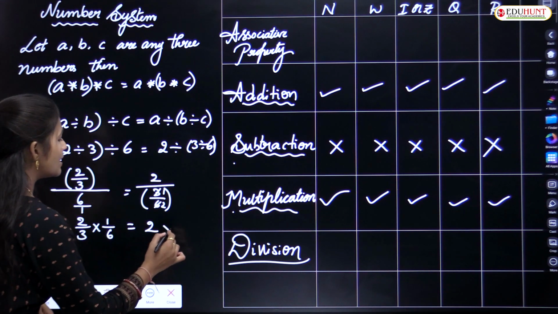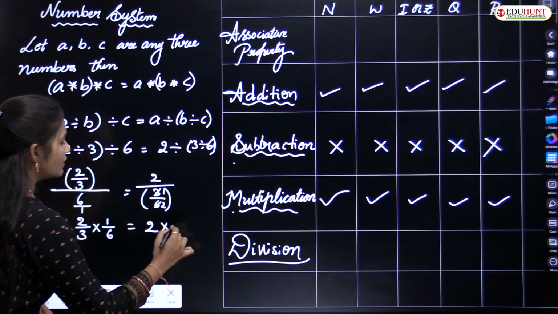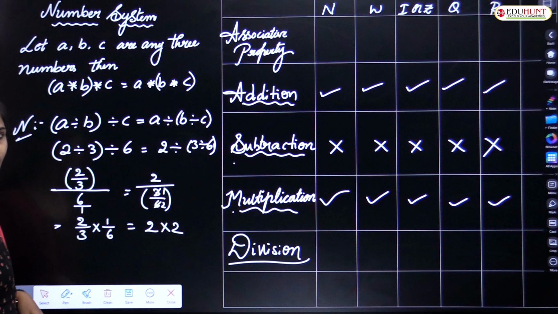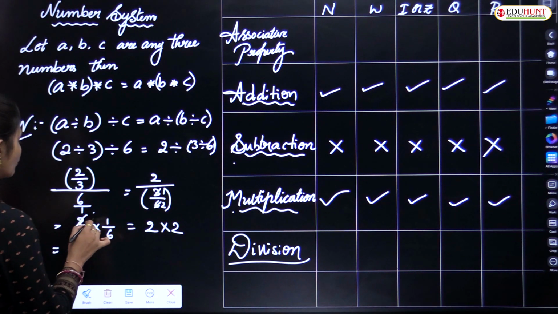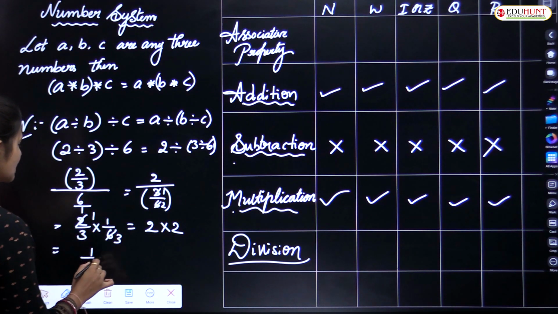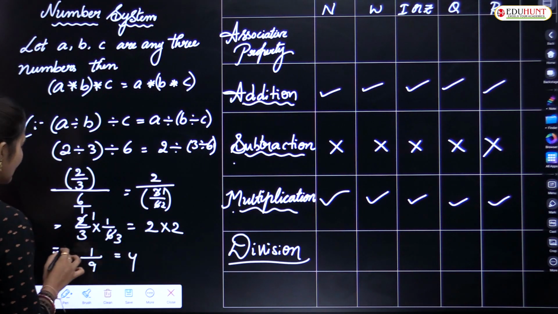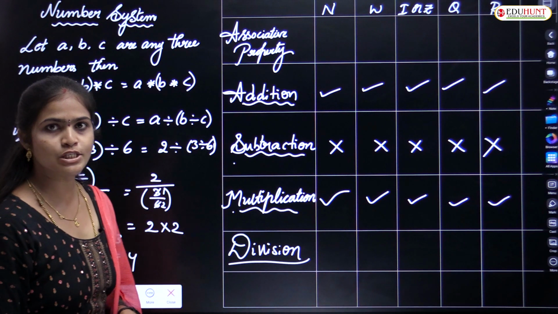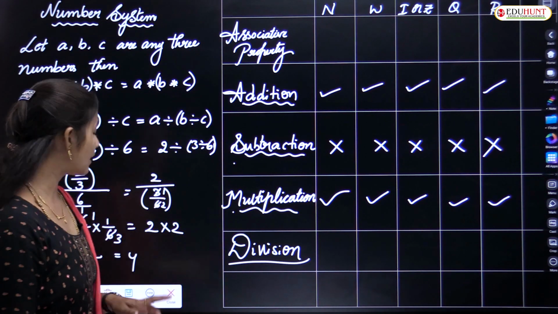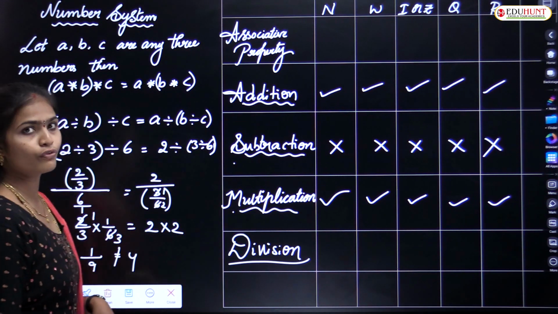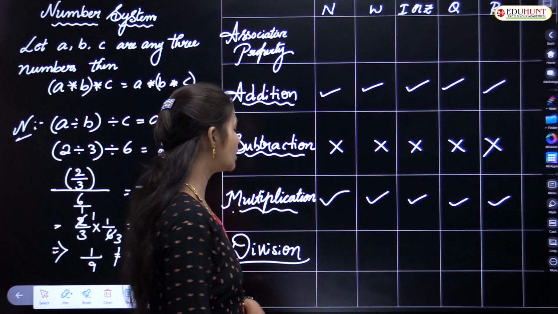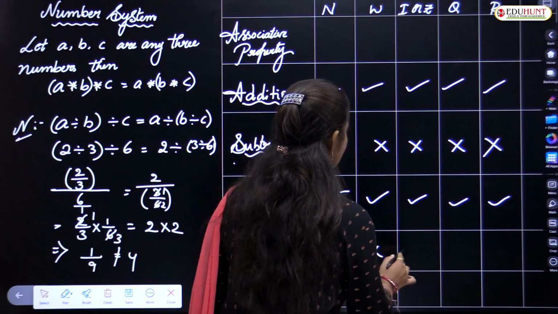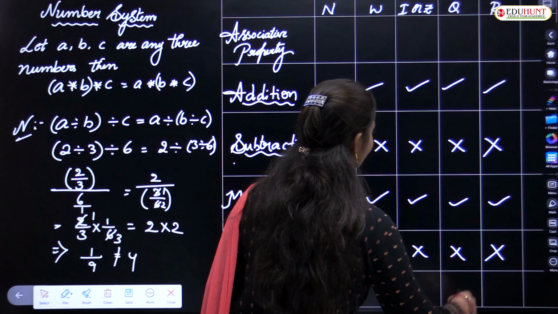So it becomes into 2 by 1, which is equal to 2. Okay, so here 2 ones, 2 threes, which is equal to 1 by 3 threes are 9, and here 4. Is the 1 by 9 value equal to 4? The 1 by 9 value should not be equal to 4. That's what I told you here: in division, in all cases, it will not be satisfied.